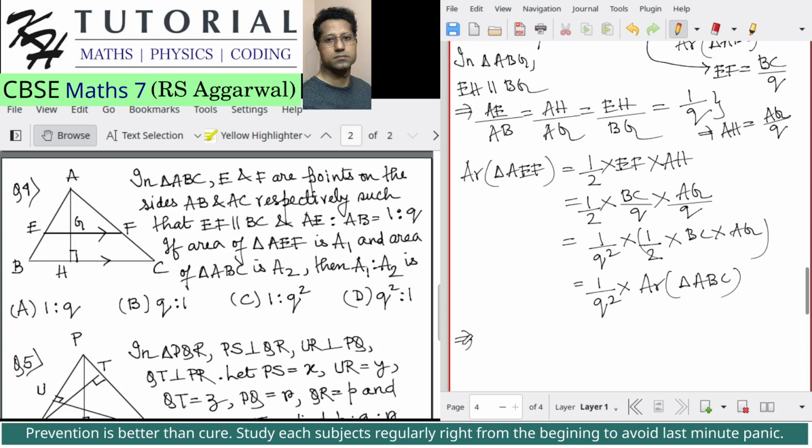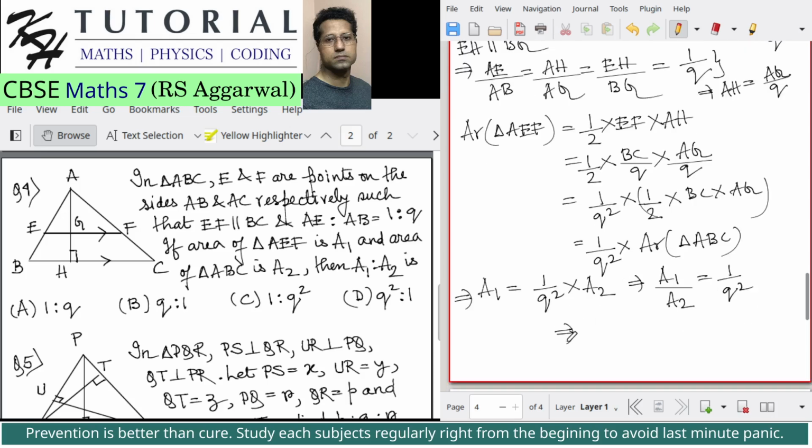So this implies the area of triangle AEF, which was given to be A1, is 1 by Q square times A2, the area of triangle ABC. So A1 by A2 is equal to 1 by Q square.